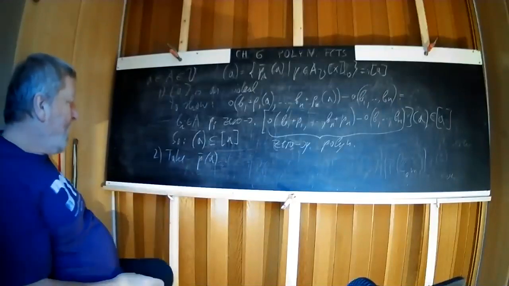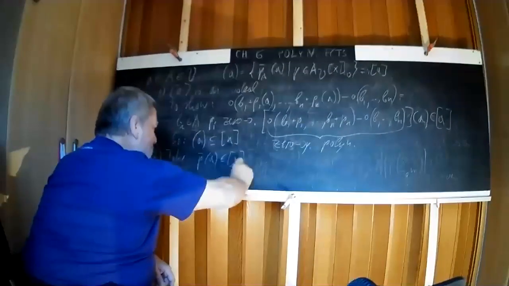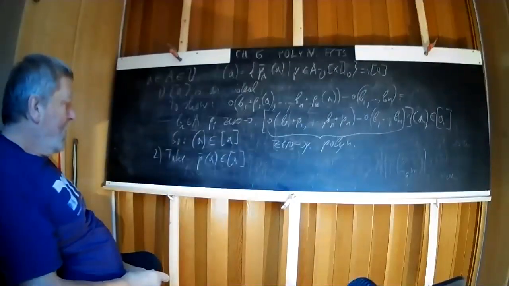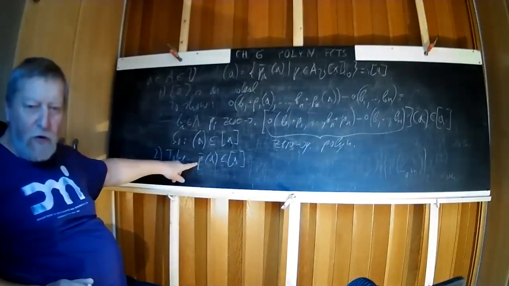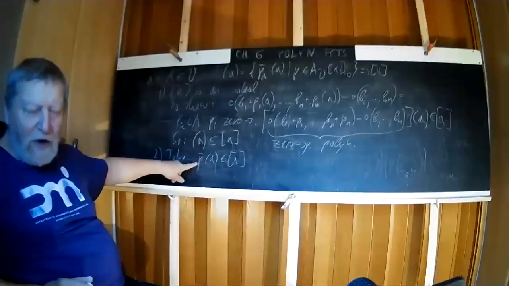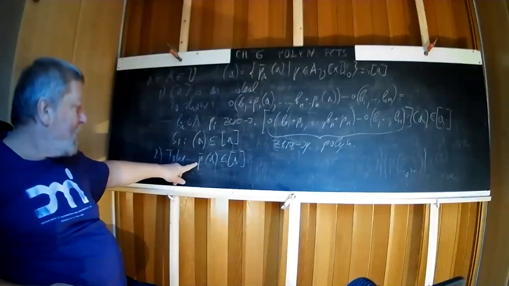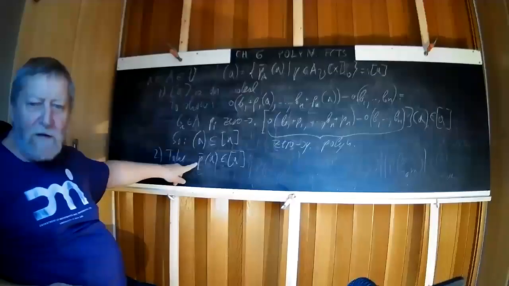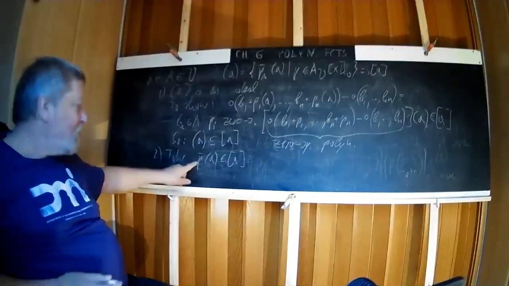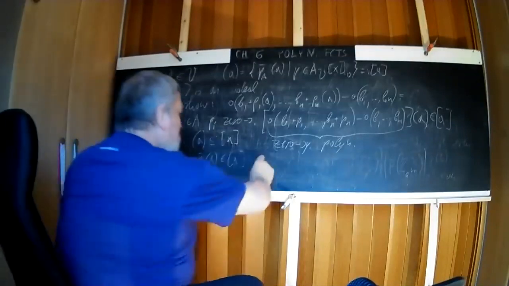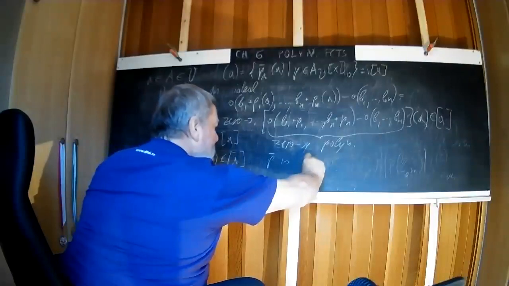Take p bar of A in A in brackets. We know P bar is a polynomial function. So we had that last time. So it's also a compatible function. So p bar is compatible.